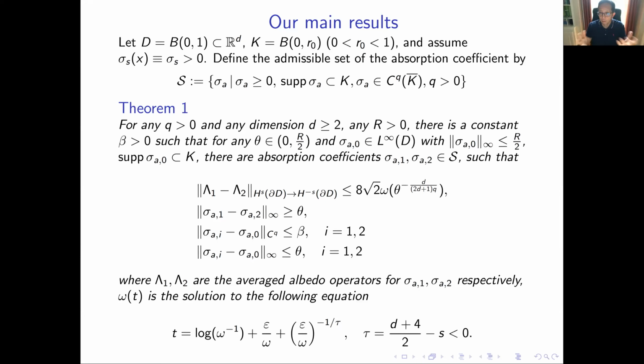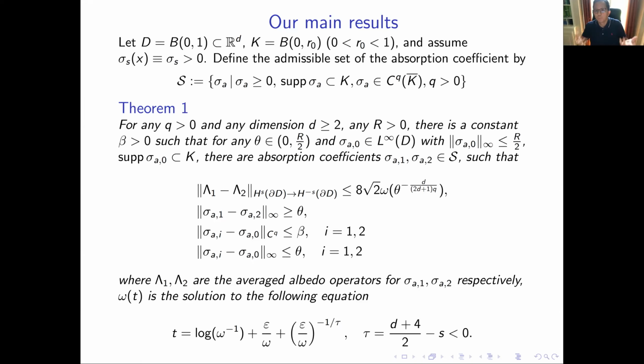You want to recover the interior absorption, and this interior is strictly interior. That is R0. My sigma A, the absorption coefficient, is only supported in here and has Q derivatives in this space. This Q is a parameter that tells you how rich your absorption coefficient space is.